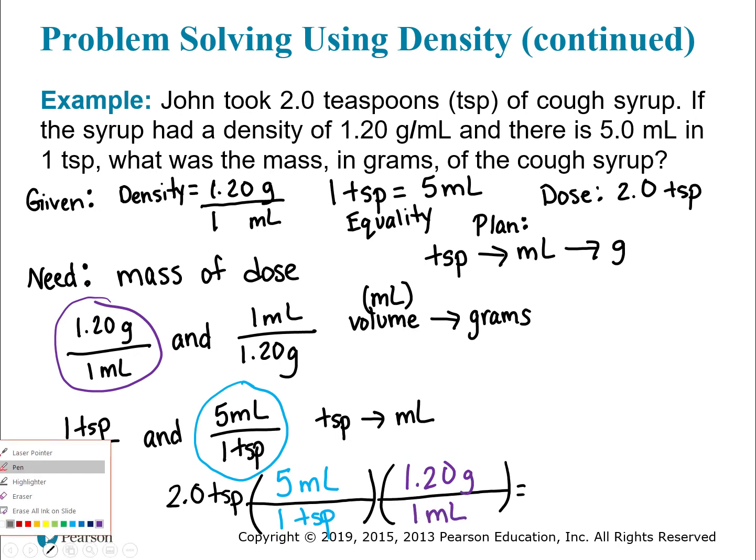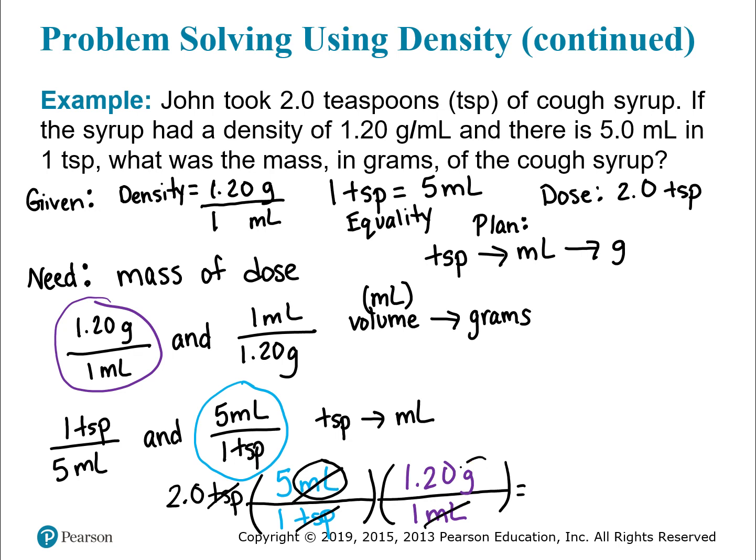Before you touch that calculator, make sure your units are going to cancel. We cancel the teaspoons, and we're left with milliliters. Then we cancel the milliliters, and we're left with grams. Is that what we're looking for? Yeah, we're looking for a mass in grams, as it says in the problem.